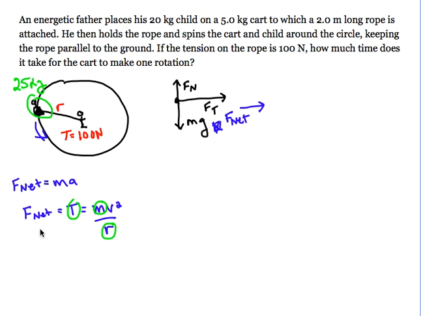To solve for v in this case, we have v equals the square root of the tension times the radius over the mass.